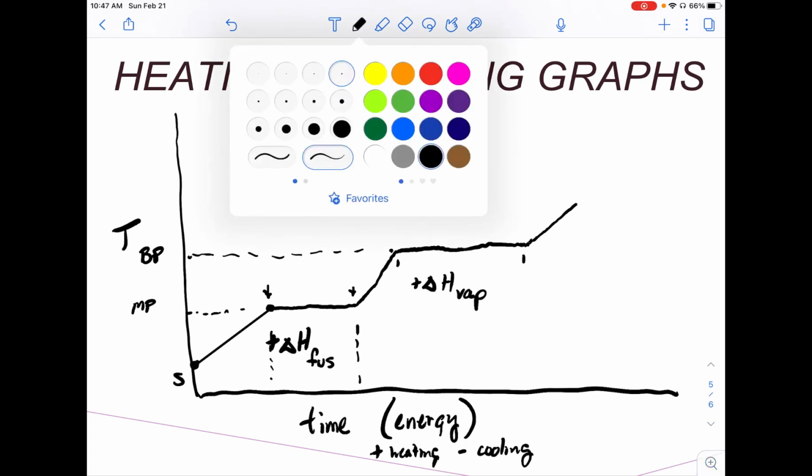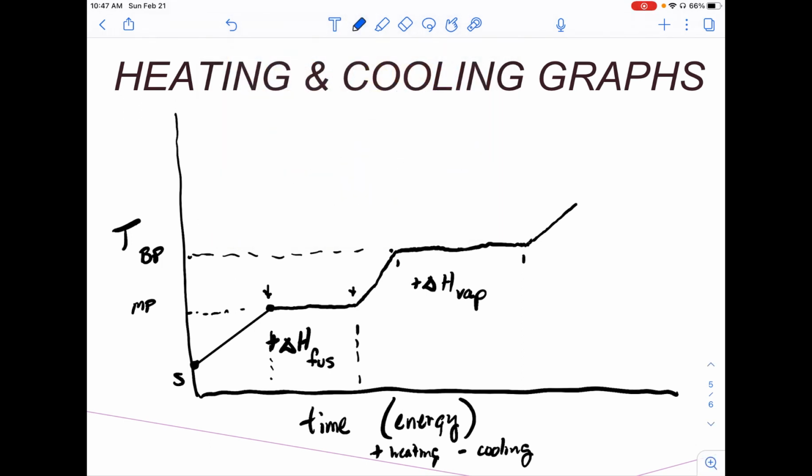If I turn this around and I go the other direction, I'm going to start my timer over again, and we start here where we left off. So this is going to be in the gas state, and I begin to cool it. I'm going to reach a point where the particles can no longer slow down and be free of each other's interparticle attractions.